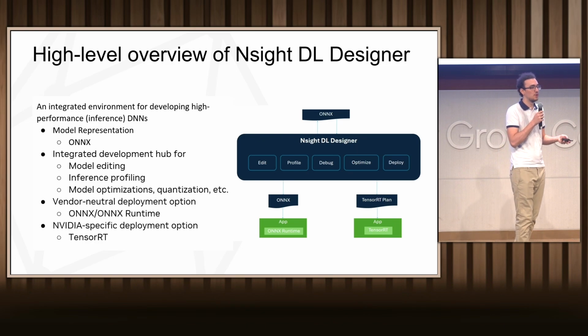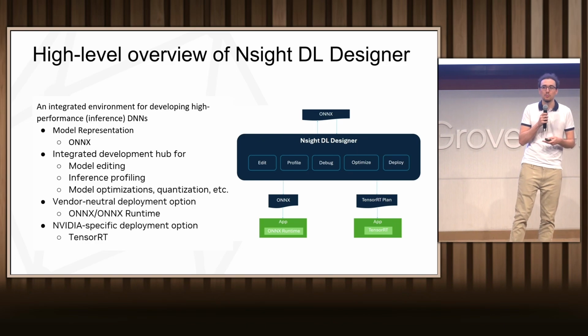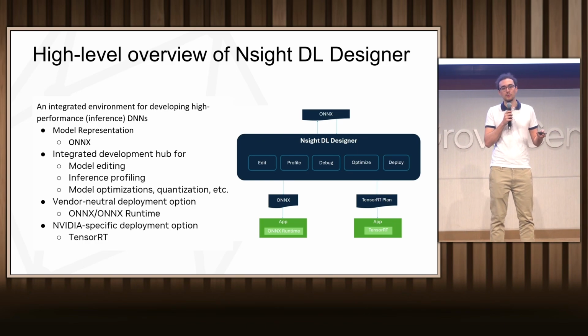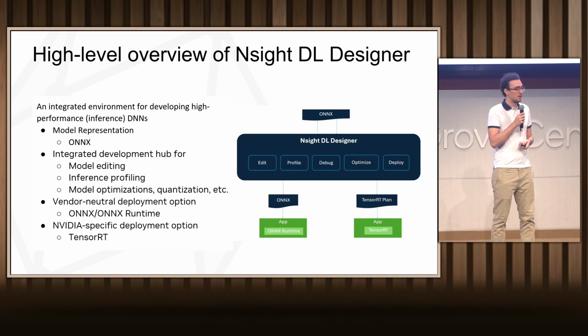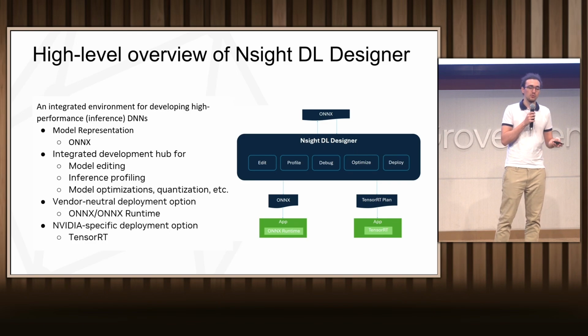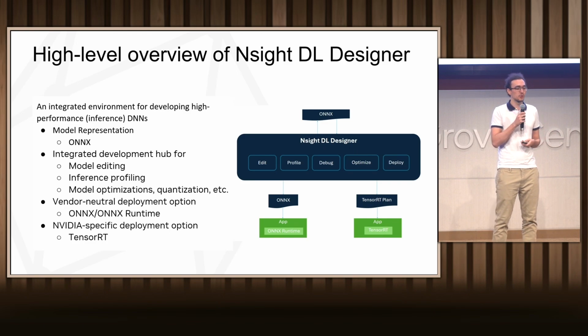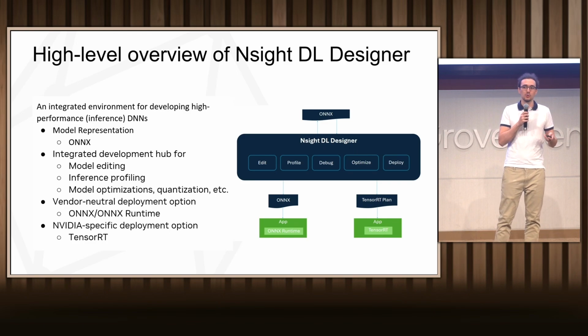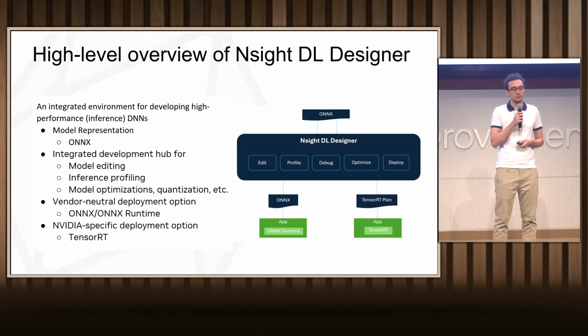And finally, once you've done a few iterations of profiling your model and modifying it to improve performance, then you most likely want to actually deploy your model to your target application. DL Designer supports two big deployment options. The first one is a vendor-neutral deployment option. Essentially, you can save or export your model outside of Nsight DL Designer back to an ONNX model or ONNX format.